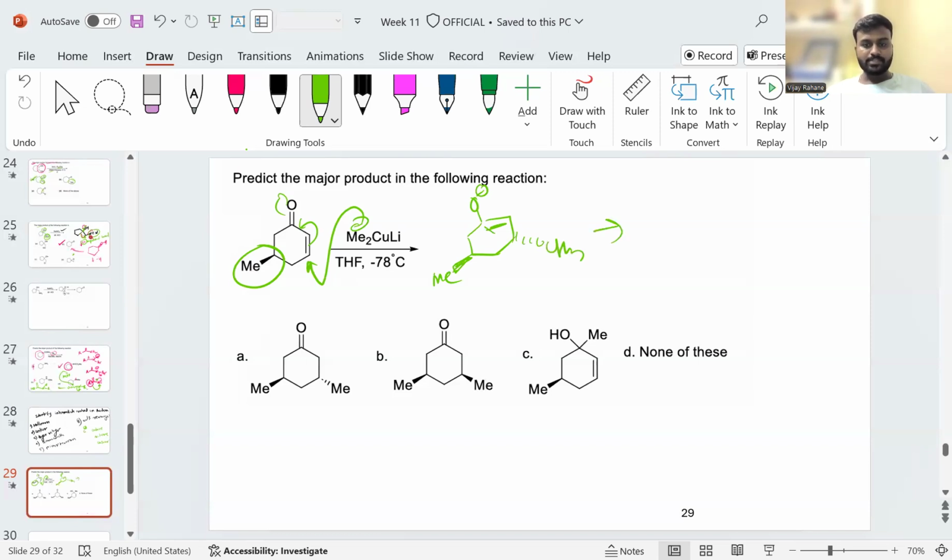Obviously, the next step is abstraction of a proton. So we get the product, and option A is the correct option here. In the same manner, instead of this copper, when you add the Grignard, there will be a different product, which looks like this.